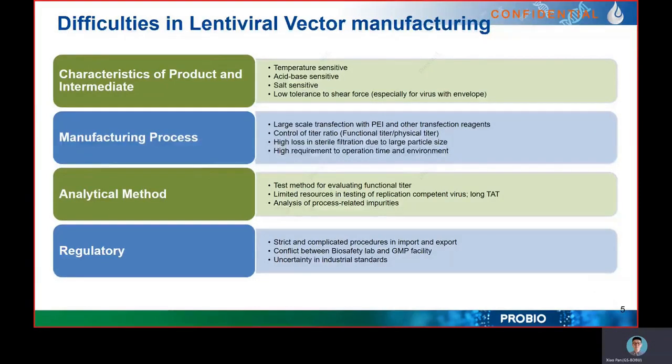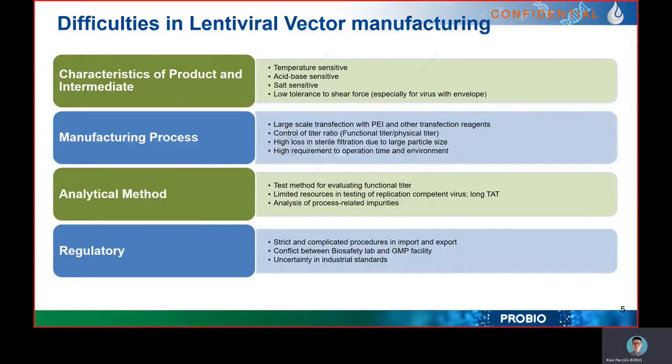Currently, there are still difficulties in lentiviral vector manufacturing. For instance, the characteristics of the product and intermediate are very sensitive, and therefore the manufacturing process has to be carefully designed to control the process very well, for instance, to limit product loss due to sensitivity and instability of the product, as the loss rate is very high.